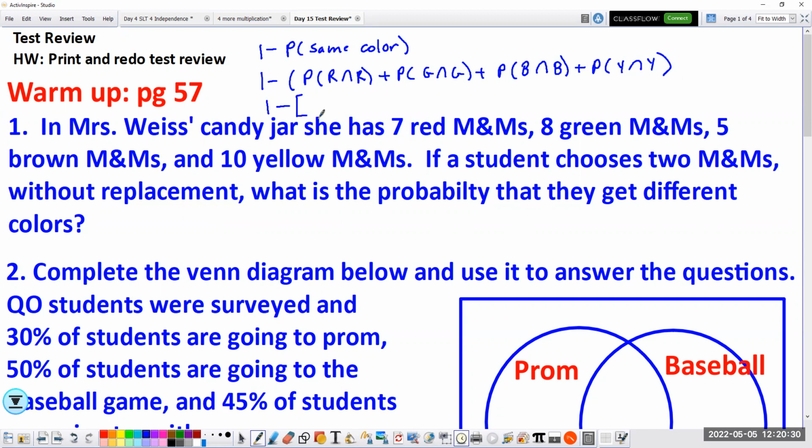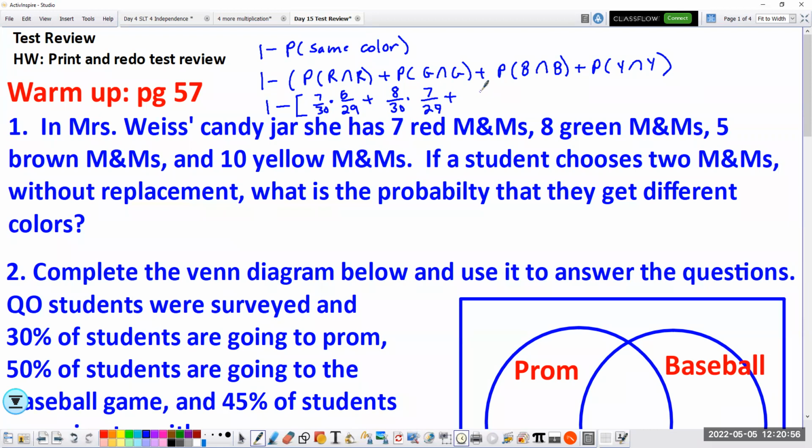So if I get 2 reds, it's going to be 7 out of 30 times 6 out of 29. Then greens. Start with a fresh bag, 8 out of 30 times 7 out of 29. Oop, that's 9. Browns, sorry, why don't they have blues in here?